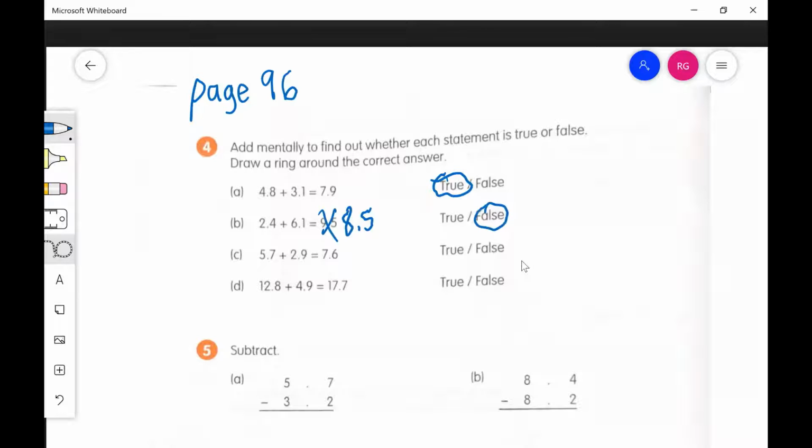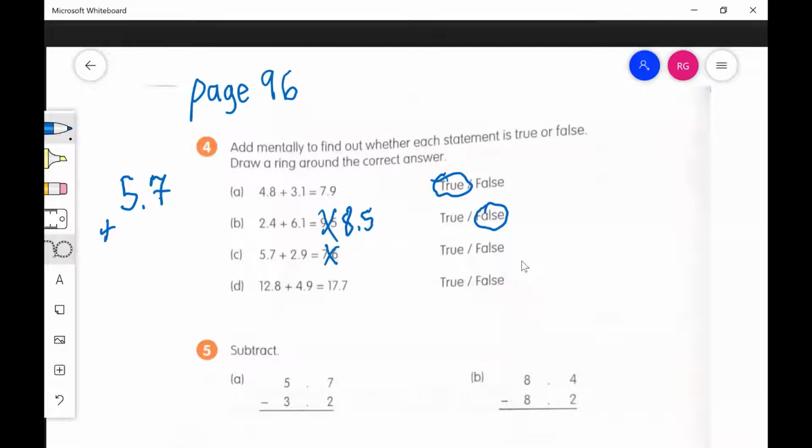All right, and for the next one, well, 5.7 plus 2.9 equals 7.6. I'm pretty sure that's wrong. Let's just write this one out since we've got to carry a digit here.